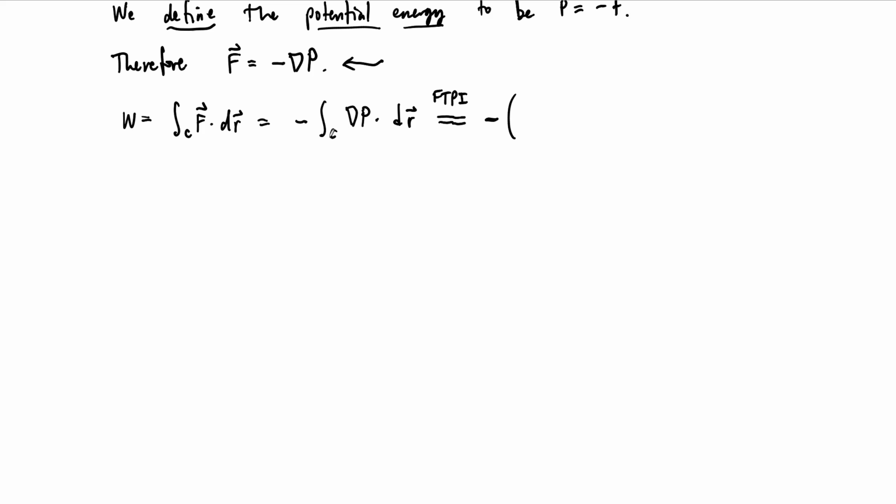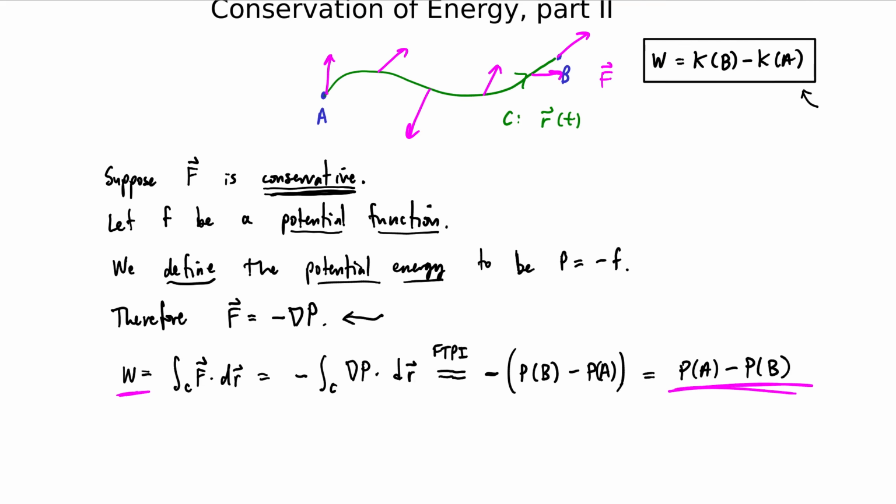So the fundamental theorem of path integrals then tells us, we've still got this minus sign here, right? But it tells us that the path integral itself is equal to the value of P of B minus P of A. All right, but the minus sign here is going to flip everything, and what we end up with is that the work done by the vector field on the particle is equal to the difference in the potential energy, but it's P of A minus P of B. Okay, now let's put this all together.